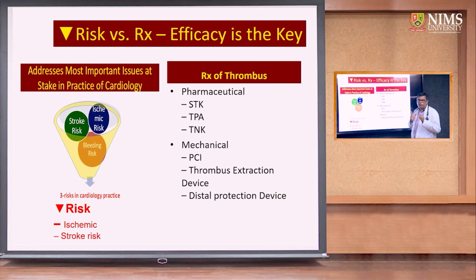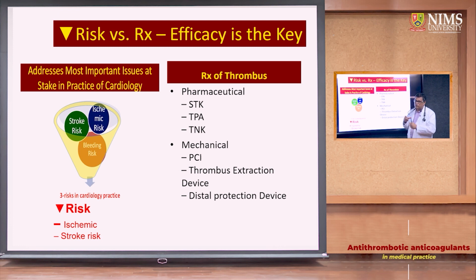So then you have to do something mechanical. One mechanical option could be angioplasty. You cross the clot, inflate the balloon, deflate the balloon, the clot gets crushed and it gets dissolved by thrombolytic mechanisms already present in the body, and then you can take care of that clot. The other option is devices where you can directly extract thrombus.